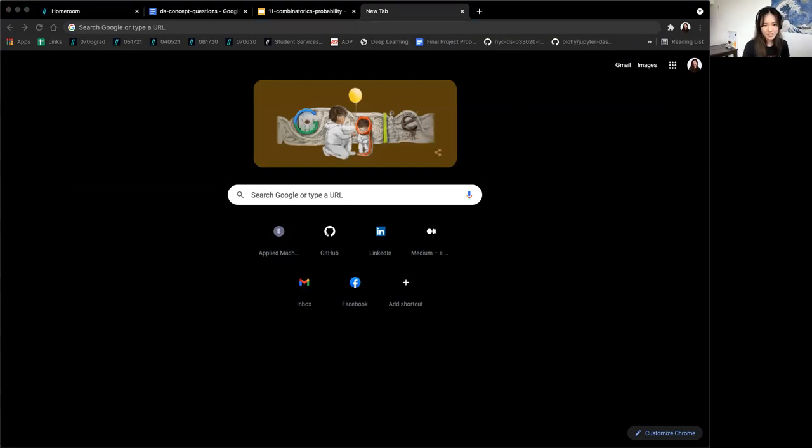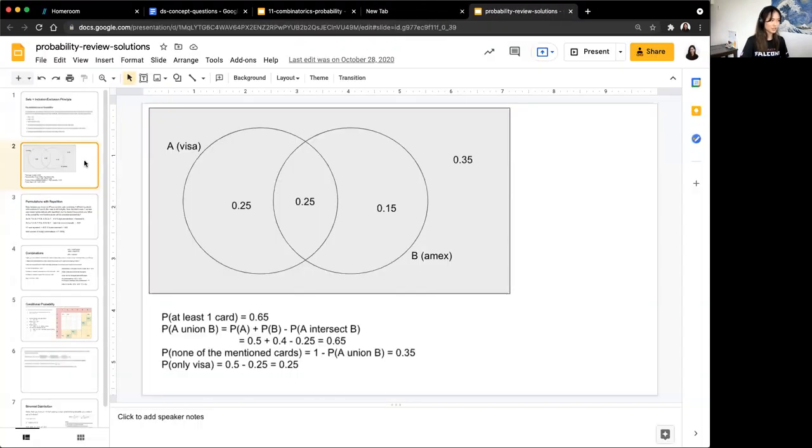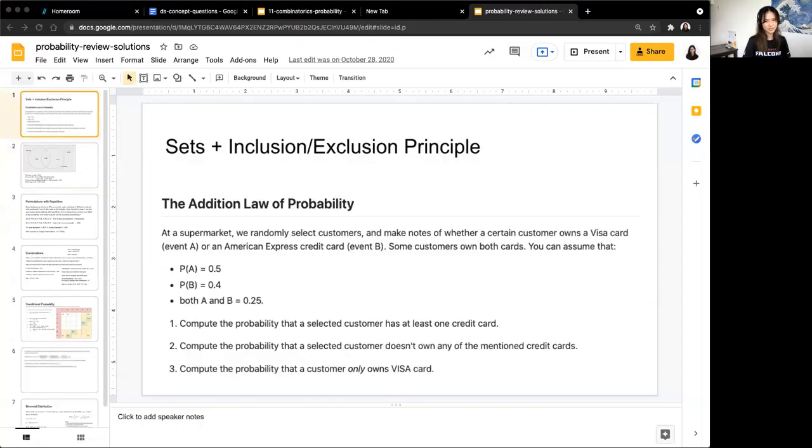That is actually a fairly common probability question as well, where we use the inclusion and exclusion principle. I'm not sure if it's the exact question you're talking about, but this is one of the questions that comes up in the labs. Let's just set up the problem first.